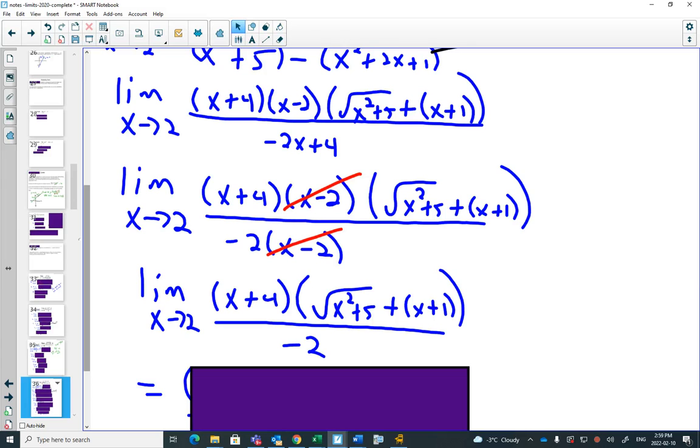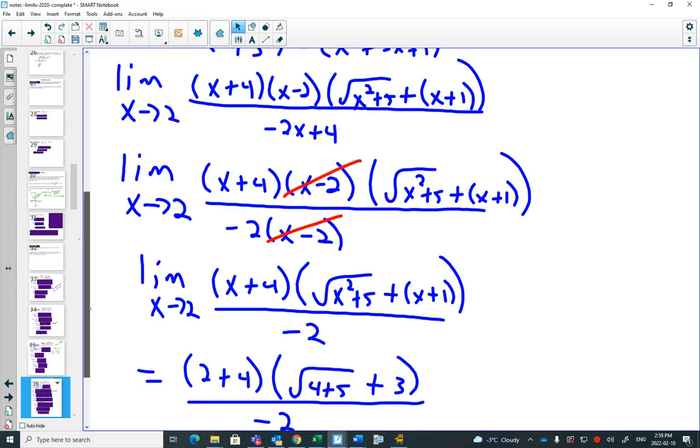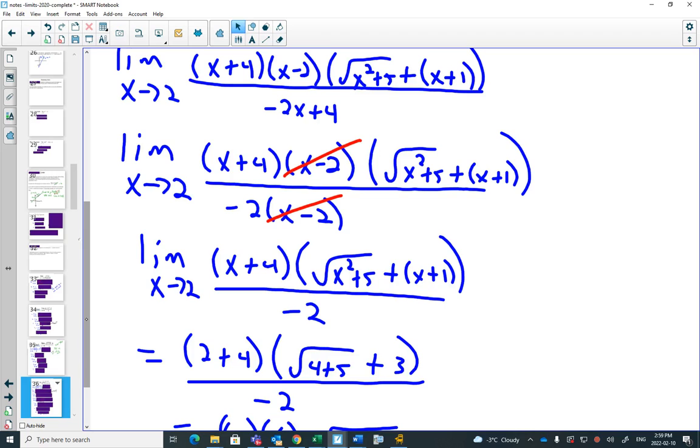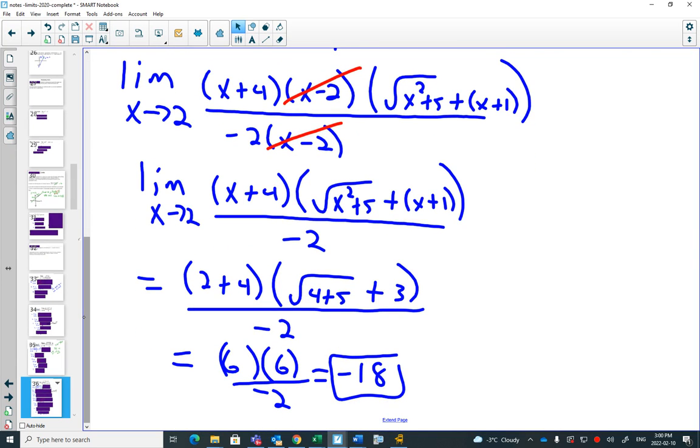Even though it's still not the nicest looking, now we can plug in the value of 2. And evaluated, it comes out to be minus 18.